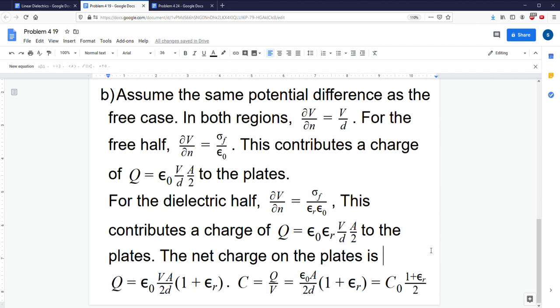Epsilon R, the relative permittivity, is always greater than 1, so this quantity is going to be greater than 1, which means capacitance again increases. One thing that we can deduce from this is that no matter the situation, putting a dielectric material inside a capacitor will increase its capacitance.